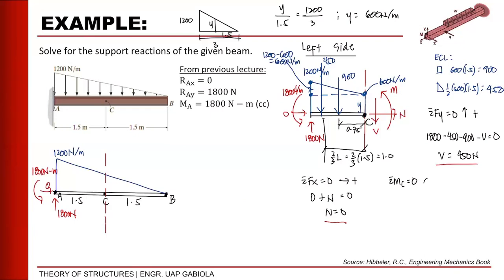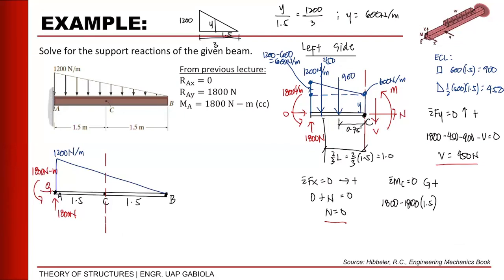Okay, taking counterclockwise as positive gagawin ko. Okay? So we have, magmo-moment sa kanya is si 1,800 papunta doon, si 1.8, si 450, si 900, and then dito si moment, M. Okay, so we have 1,800 minus 1.8, ito yung vertical reaction natin, times yung natin is 1.5.